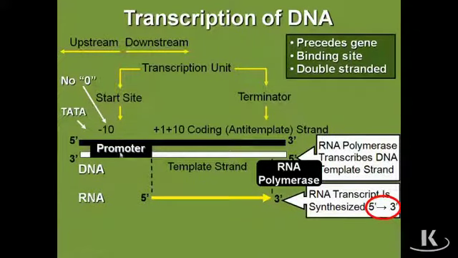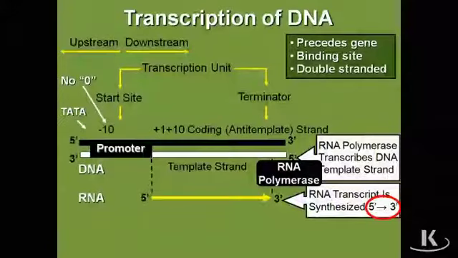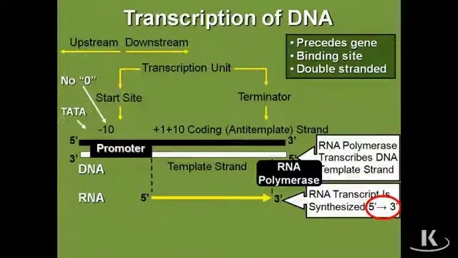So if we use the promoter as sort of the reference point, anything that's closer to the 5' end of the coding region is said to be upstream of that promoter. Anything closer to the 3' end of that coding strand is said to be downstream of the promoter. This will have some implications later on when we talk about upstream enhancer sequences, downstream enhancer sequences, upstream promoter sequences, etc. So we'll come back to that theme, but I want to define it for you now.